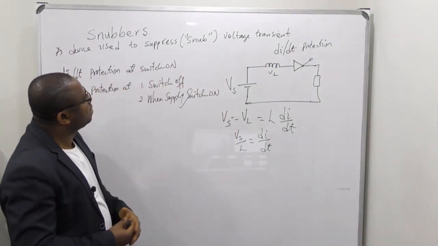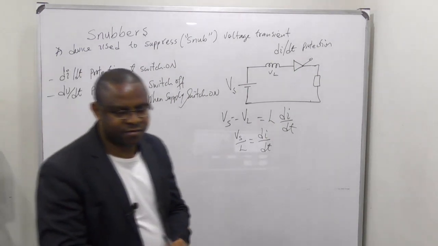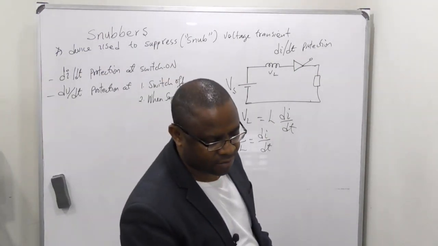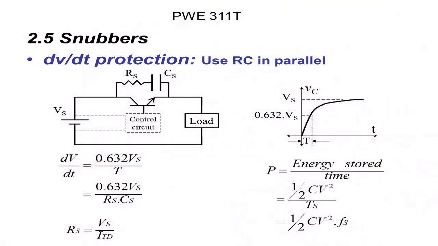Now let's also check how we can protect our switch from the dv/dt. How do we protect this switch, to snub the voltage transient?